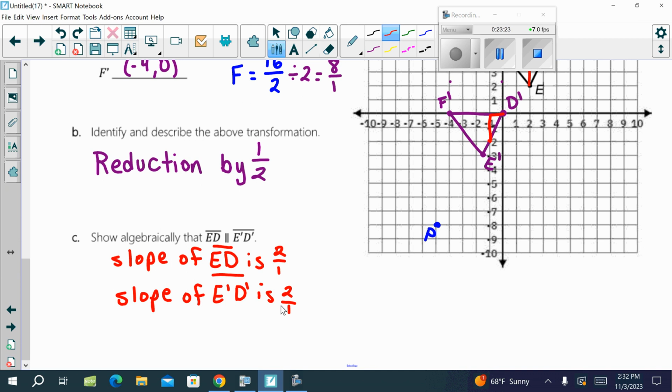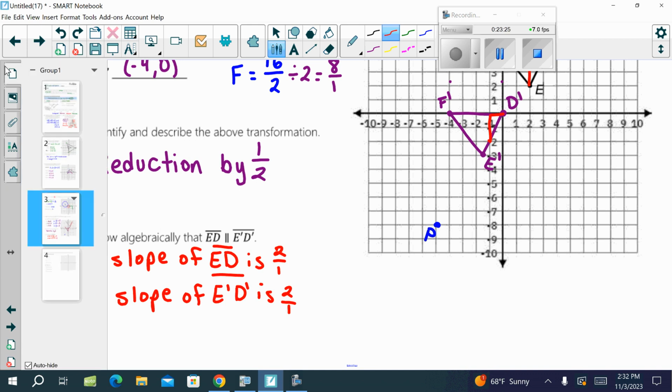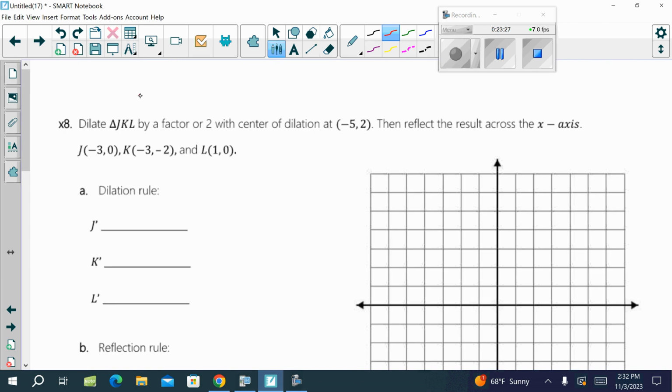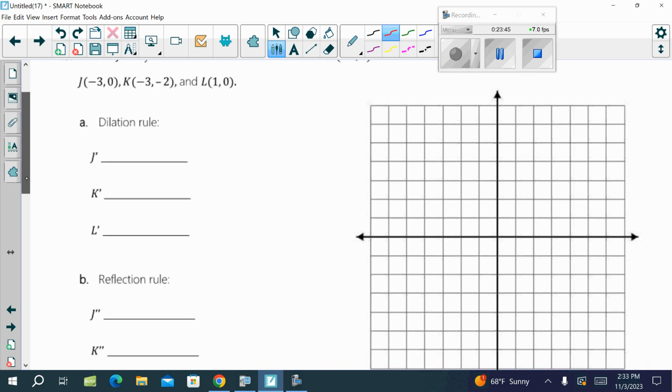All right, last one. We have to do a composition. So we've got to do 2 of them. Okay, so we're going to first dilate triangle JKL by a scale factor of 2 around negative 5, 2. And then we're going to reflect it over the x-axis. Okay? So let's draw the triangle first.